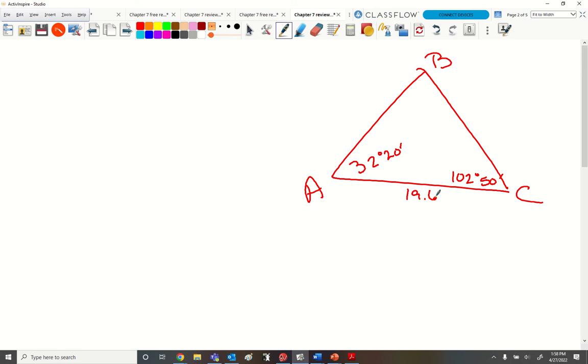And I don't have enough information. The reason why I say that is because you could flip the page of your reference sheet, and in the bottom, middle bottom area, there's the area formulas.